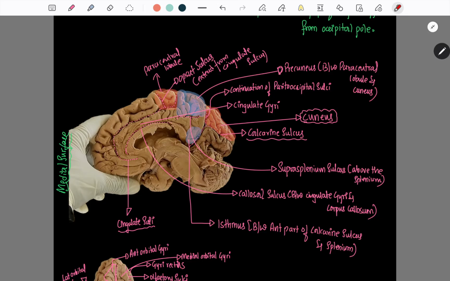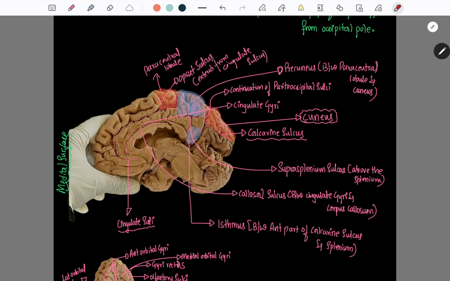So you can see the cingulate sulcus going upward, and there is an upward projection called the marginal sulcus, which extends from the cingulate sulcus. Okay, this region is called the paracentral lobule.